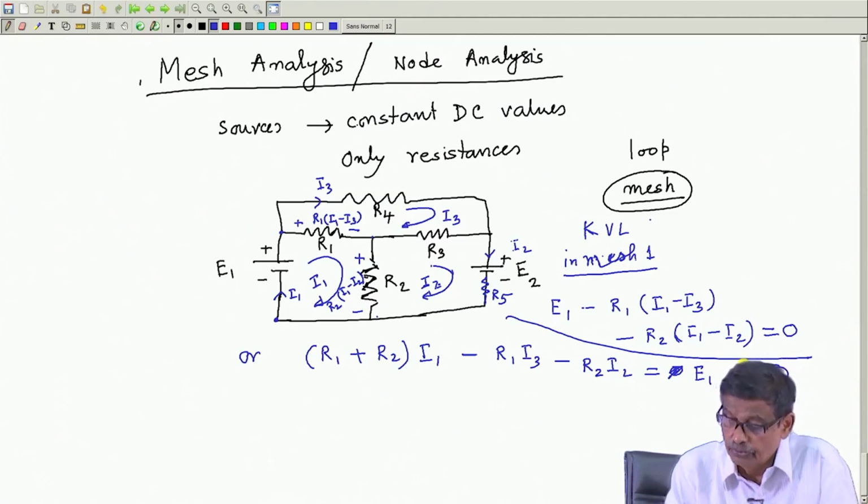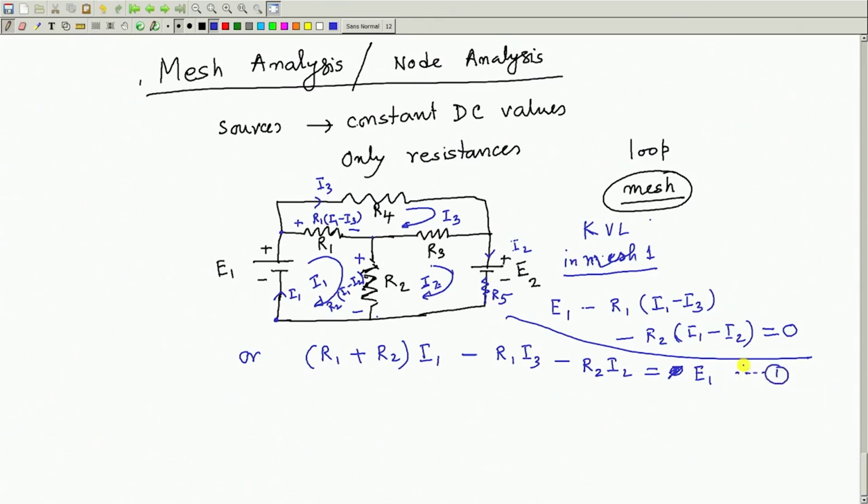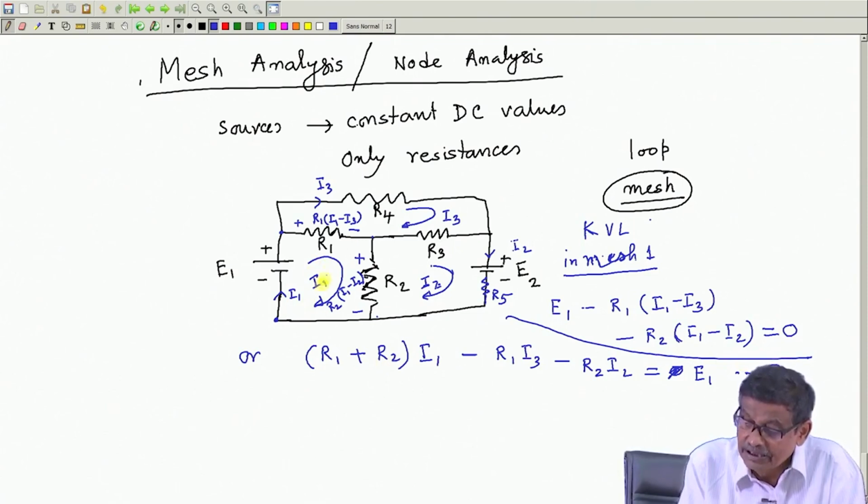Similarly, in mesh 2, so if you see, there is an emerging pattern. Coefficient of I 1 will be nothing but the sum of the resistances present in this mesh, R 1 plus R 2 into I 1. Coefficient of I 2 when you are writing the KVL equation in mesh 1 will be the common resistance present, preceded by a negative sign.